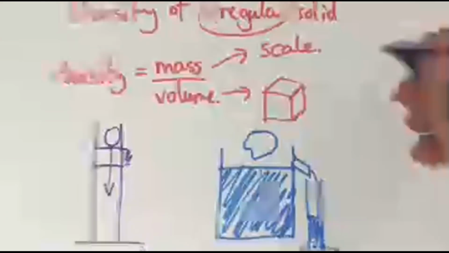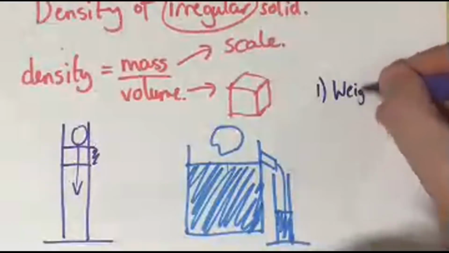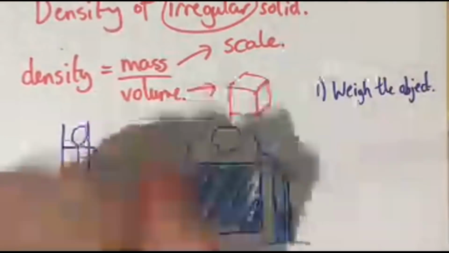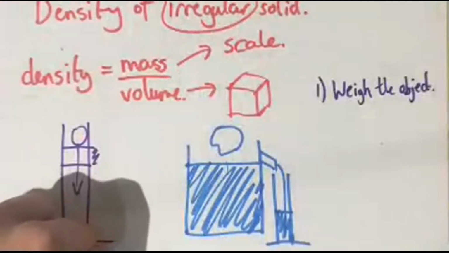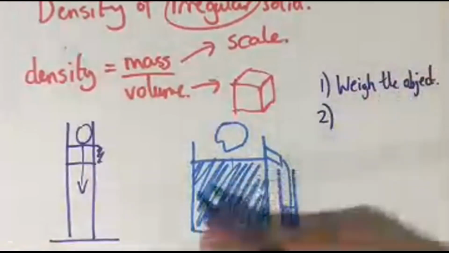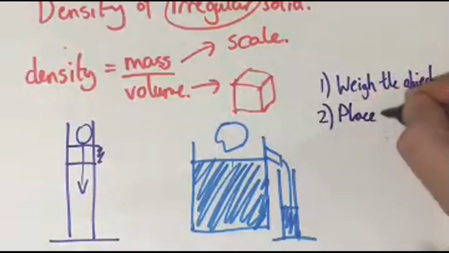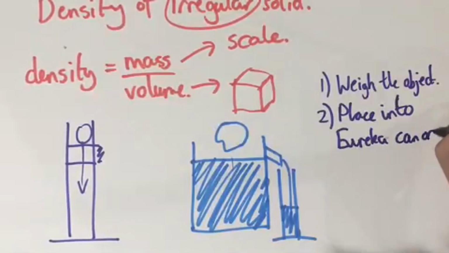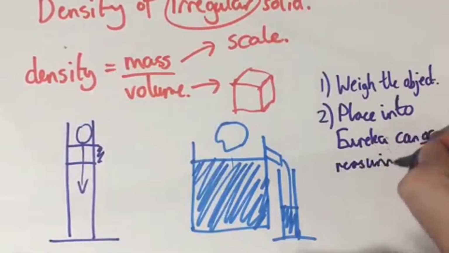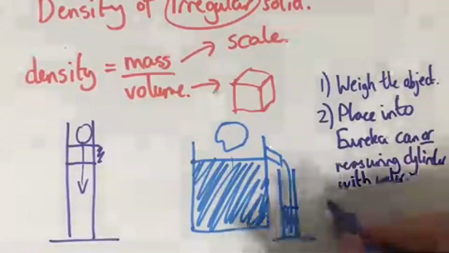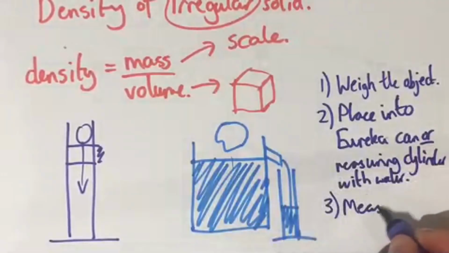So the method for this practical will be: one, weigh the object. Now, the reason you always do that first is because if I put it in the water, it's going to get wet, and therefore you'll have water stick to it, it'll be heavier. So first of all, you weigh the object. Second, you either place it into a Eureka can or a measuring cylinder with water, and then you can use that to measure the volume.